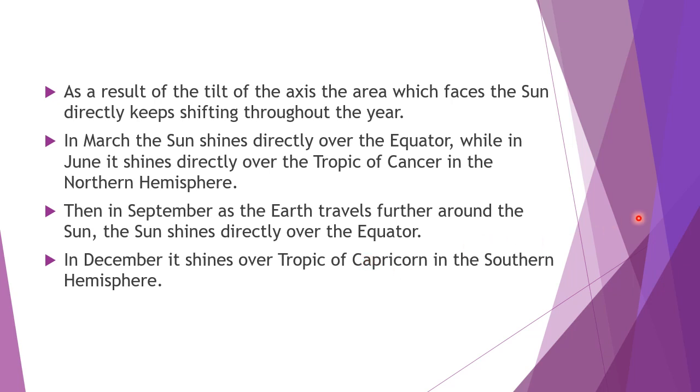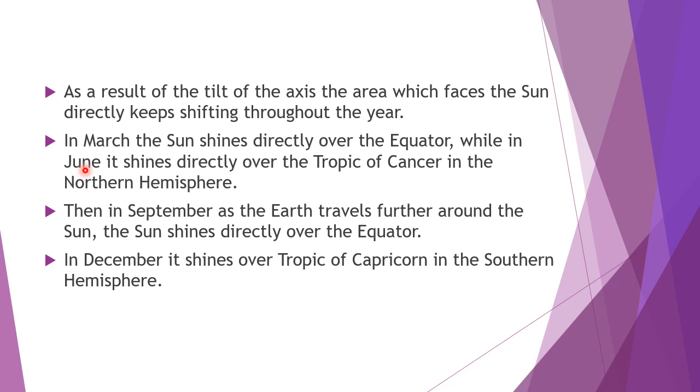Whether it is rotation or revolution, in March the sun shines directly over the equator. Already I taught in the previous class, in the months of March and September, the sun gets direct rays on the equator. In those 2 months, both the hemispheres get almost equal sun rays or heat. While in June, it shines directly over the Tropic of Cancer. I said we get the summer in the month of June. Why are we getting that?